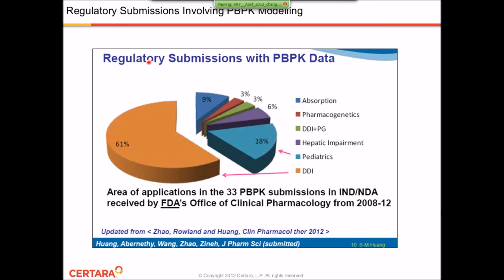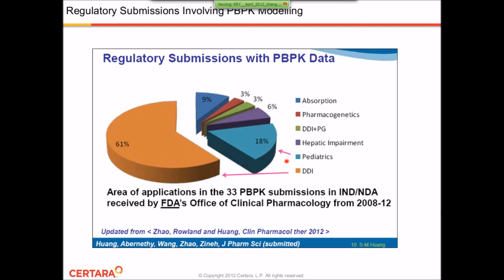This is the number of regulatory submissions that were done with PBPK data. Essentially, this is the breakdown here. Most of the submissions that were done with PBPK data were regarding DDI, but importantly, there were an increasing number with pediatrics, hepatic impairment, so this goes back to the special populations that I was talking about, DDI and pharmacokinetics on its own, and also the absorption side of things.